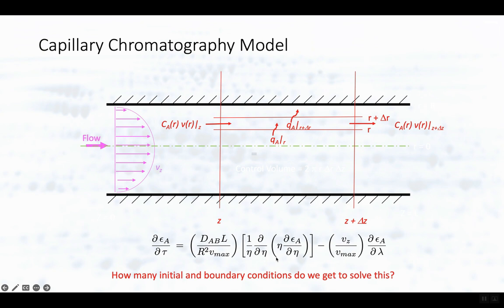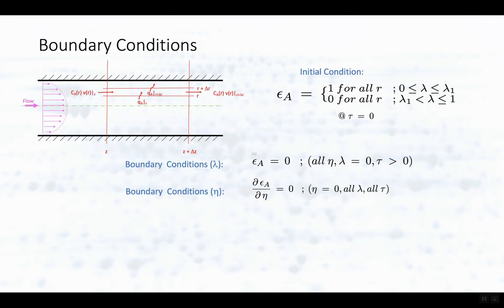We have two derivatives with respect to radius, so we're going to need two boundary conditions with respect to the radius, and we have one partial derivative with respect to length, so we have one boundary condition with respect to the length. So that's what we'll need in order to integrate and solve this equation as a function of time.